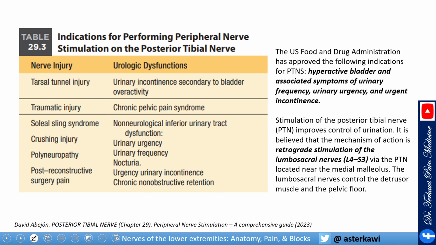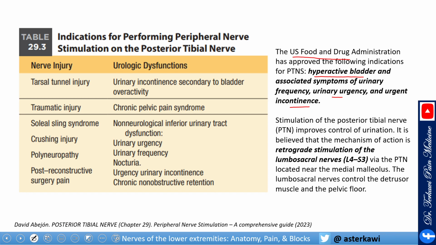Now, since we are talking about peripheral nerve stimulators, the tibial nerve actually is a very common target for other non-pain conditions. Specifically, we are talking about urology diseases. So interestingly, the FDA approved the following indication for posterior tibial nerve stimulator: hyperactive bladder and associated symptoms of urinary frequency, urinary urgency, and urge incontinence.